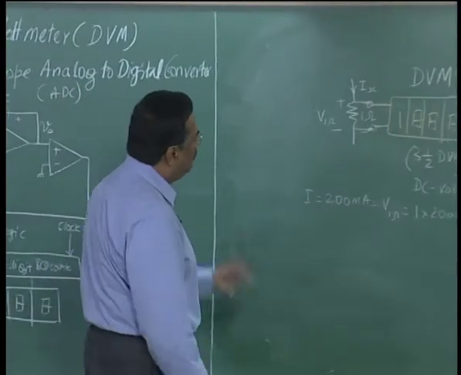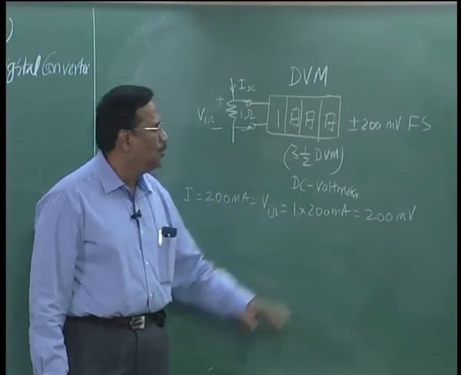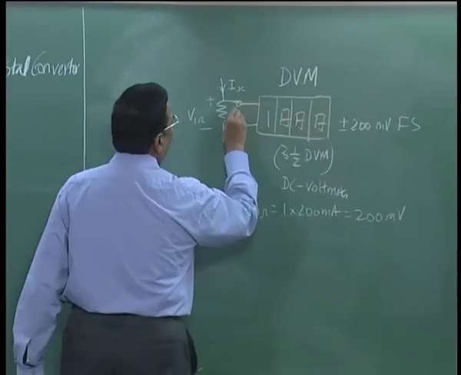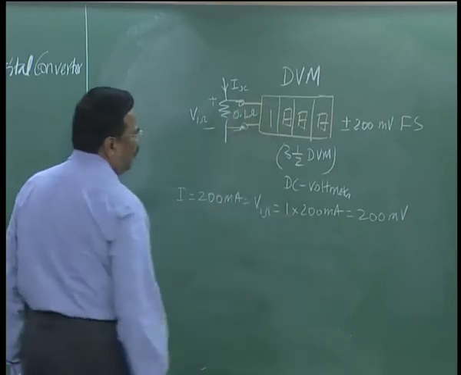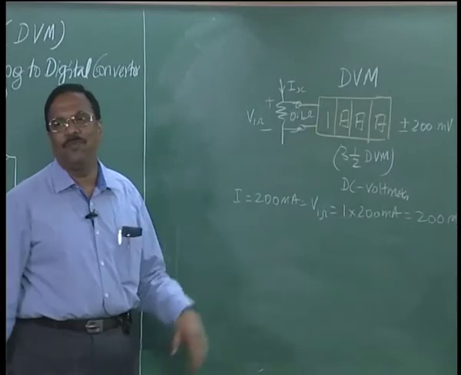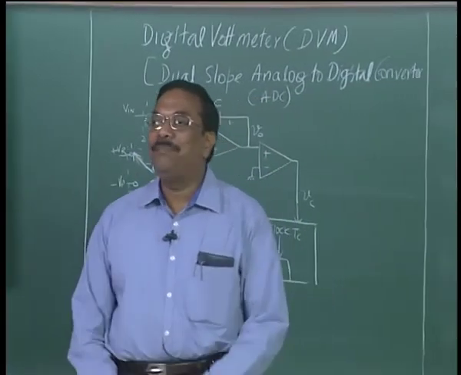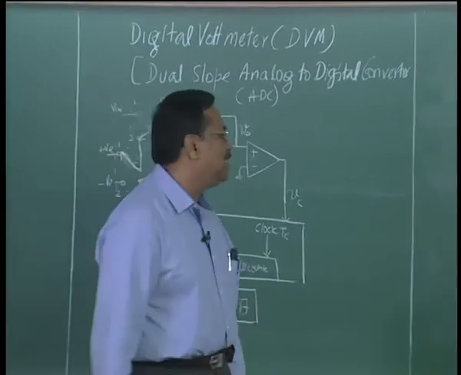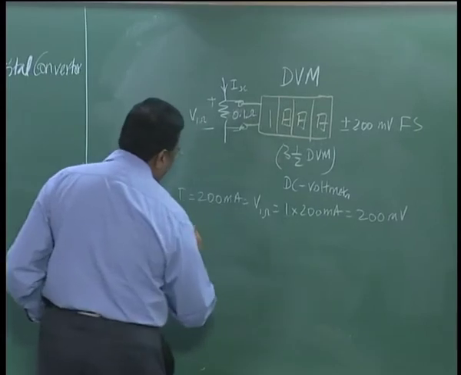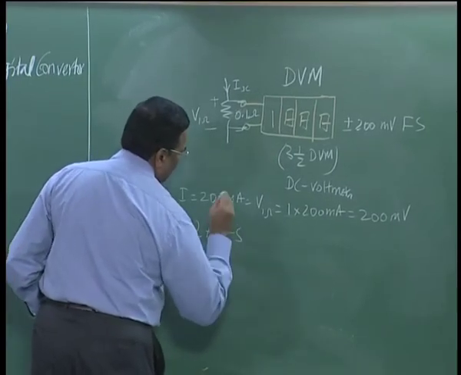Now if I connect 0.1 ohm instead of 1 ohm, what will happen? I will get 200 millivolts across 0.1 ohm if and only if I have a current of 2 amperes. So instead of 1 ohm, if I connect 0.1 ohm, the same DVM now becomes plus or minus 2 ampere full scale.